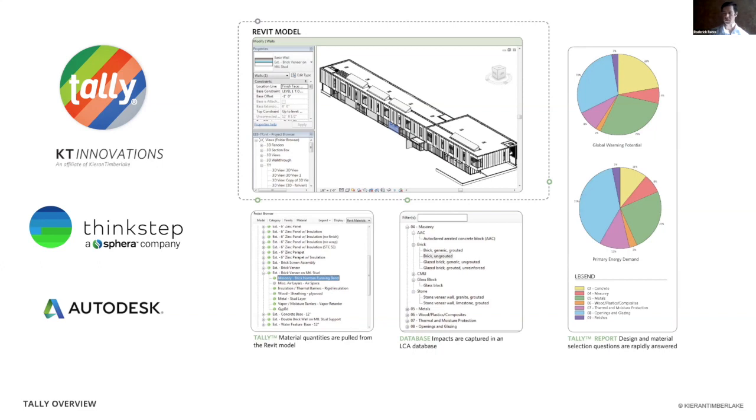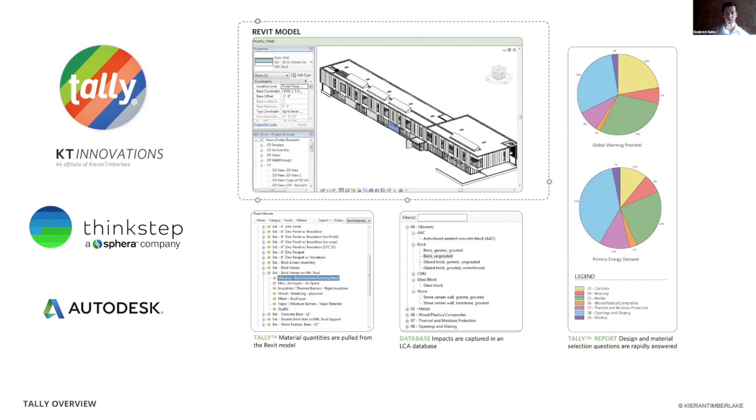So we talk about global warming potential of, say, a kilogram of steel. I have no idea where to get that number. But fortunately, ThinkStep, a Sphere company, that is what they do. They perform those types of life cycle assessments for a variety of industries, from automotive manufacturing to high technology, all sorts of things. And in the process of that, they've created a very large database of material impacts.